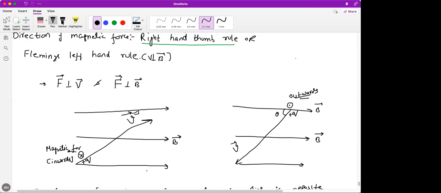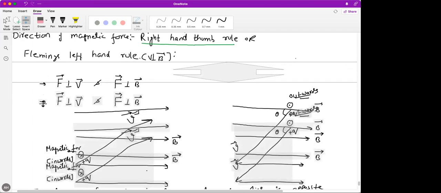So I'm writing right hand thumb rule here. Let me mention right hand thumb rule.